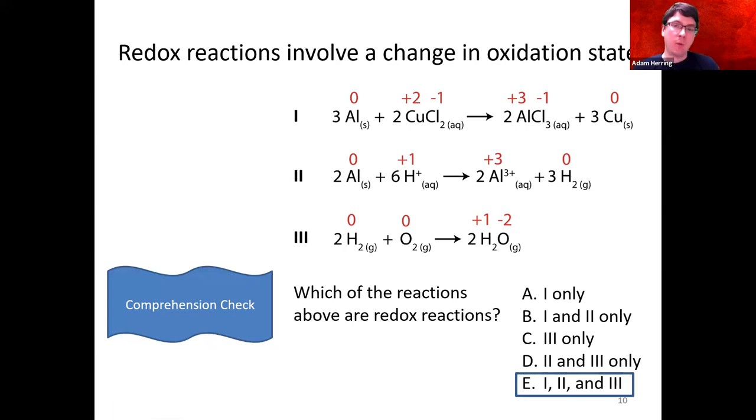So once you do this enough and you recognize that, then you would be able to tell that all three of these are redox reactions without even determining the oxidation states. And that's because you are taking substances that are initially elemental and forming compounds, or vice versa.